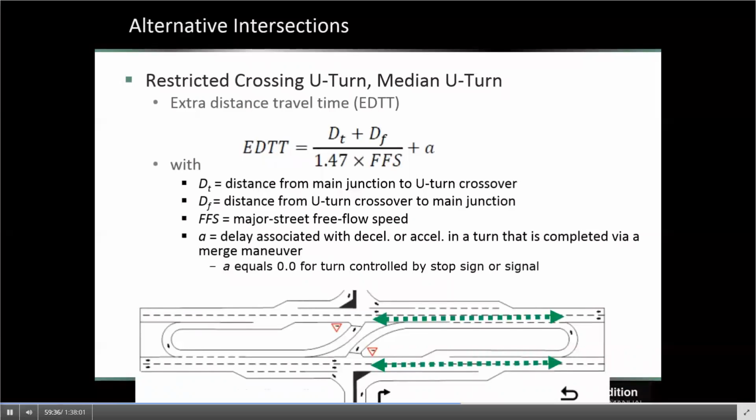You need the free flow speed for the major street, and then some potential delay due to deceleration or acceleration in turns. That is whenever the right turn is controlled by a merge, the way it is shown here. So any acceleration delay could be added here. For a stop sign or signal, that acceleration delay is already included in the control delay, so it doesn't need to be added here. But for any free flow right turn bypass lane with a merge, there's the potential to add additional acceleration delay.